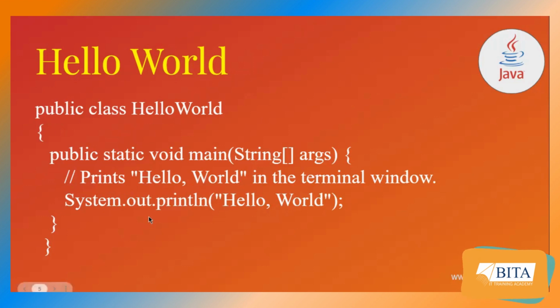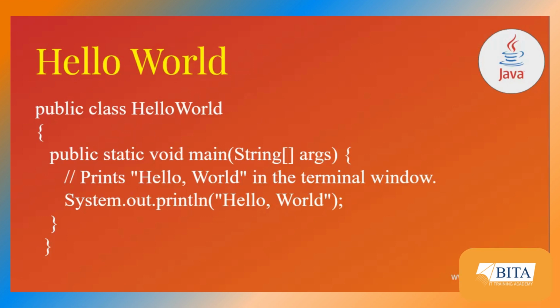Okay, so we are going to compile the program. You have to open the command prompt window and go to the directory where you have saved this program. Type javac and the name of the program you have saved, .java, and press enter to compile your program.